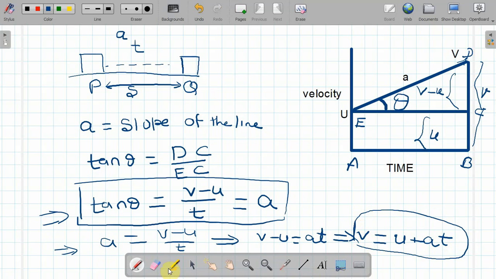Now let us move towards the second equation of motion, and it can be derived from the same graph. Let us see how it will be done.